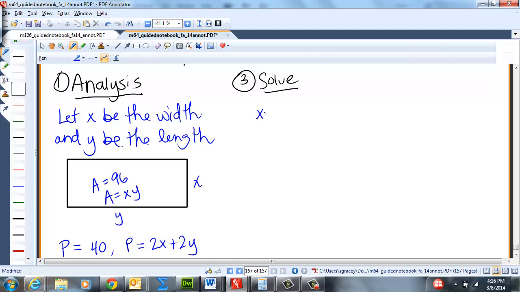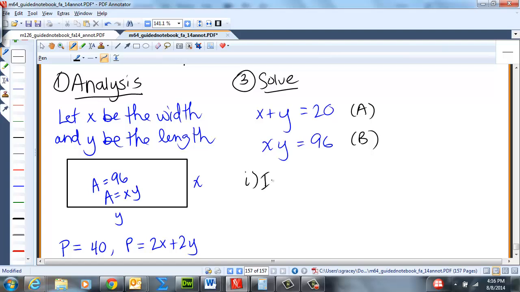So we had x plus y is 20, and x times y is 96. You can call this one A and B. So here we go. I'm thinking, why don't we do this? Why don't we isolate x in equation A? So if we do that, we'd have x plus y is 20. So x would be 20 minus y.